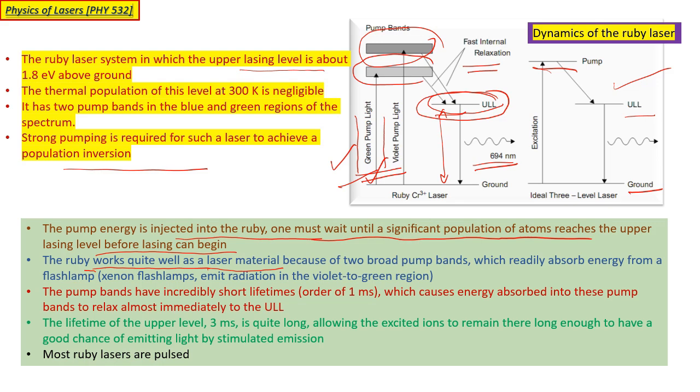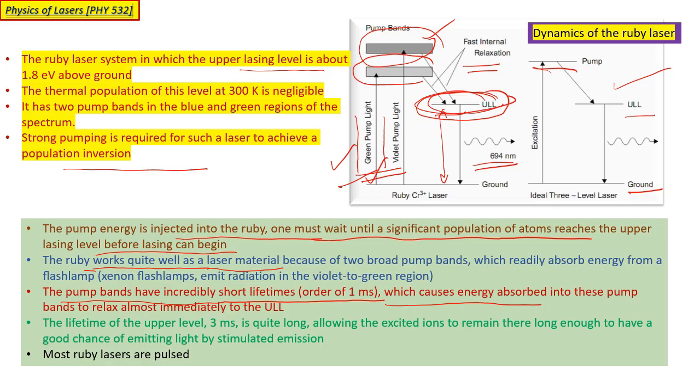Another thing which is mentioned here, the pump bands have an incredibly short lifetime, on the order of 1 millisecond. Which causes the energy absorbed in these pump bands to relax immediately and move towards the ULL, upper lasing level.